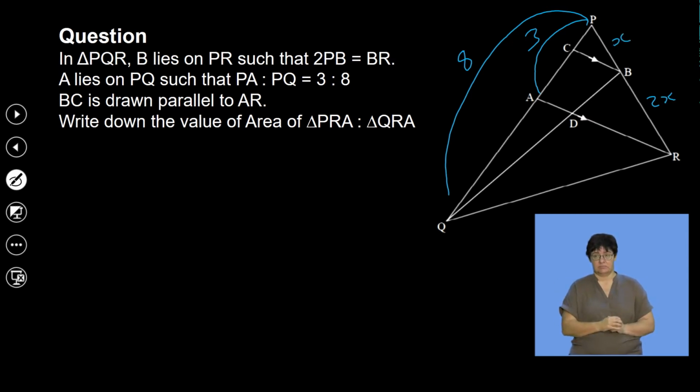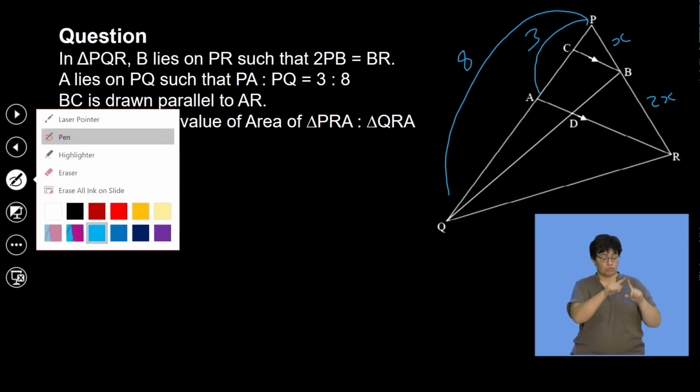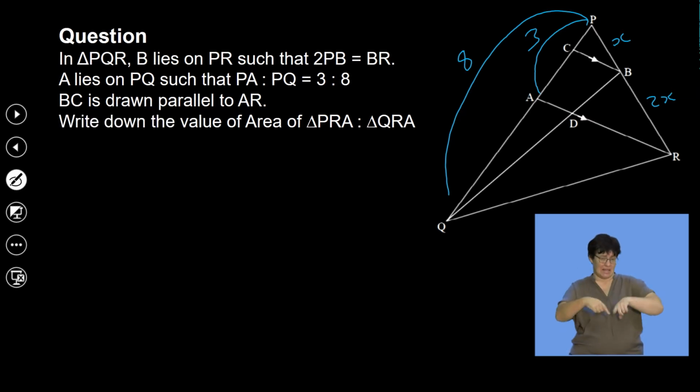And then I want to talk about the ratio of the areas. The main thing that I must look for is whether the triangles are between two parallel lines or not. If they are, it means they have the same height. So which triangles am I dealing with here? Let me just use a different color. It's PRA, so PRA will be that one there. And it's also QRA.